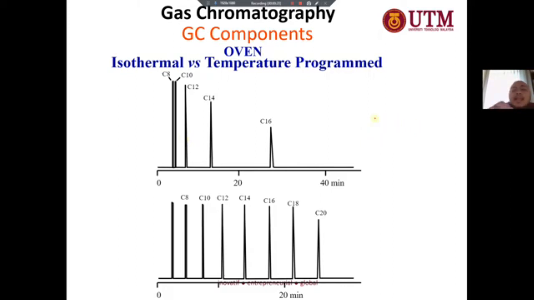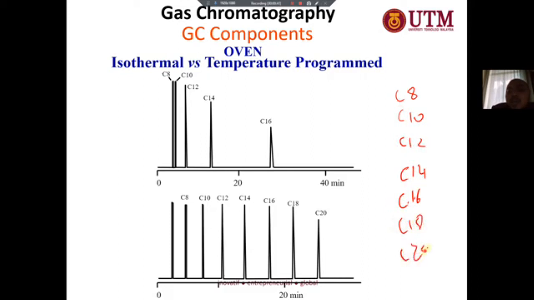Maybe just C8, C10, C12, C14, C16, C18, C20. So maybe I just put 70, 80, 90, the boiling points. I just put 90, 100, 110, 130, 150.